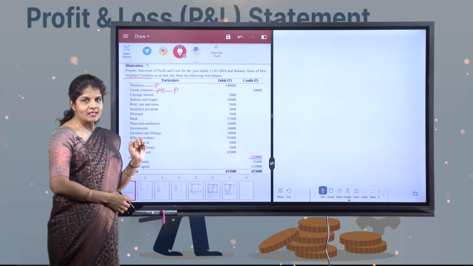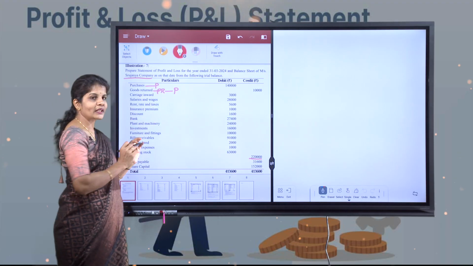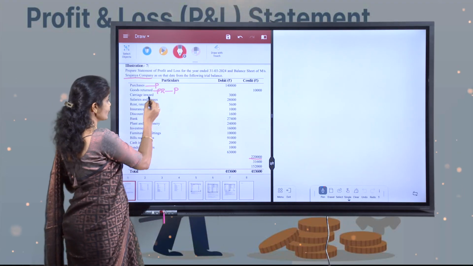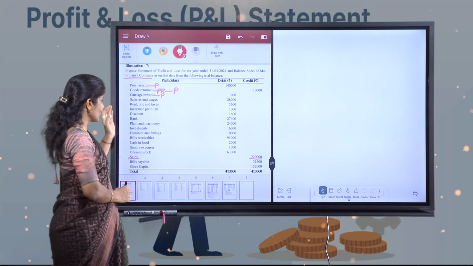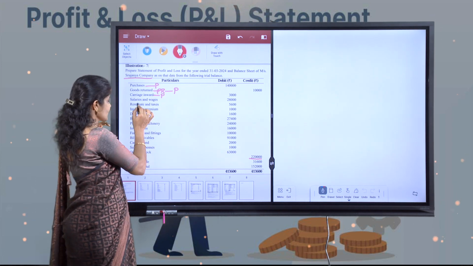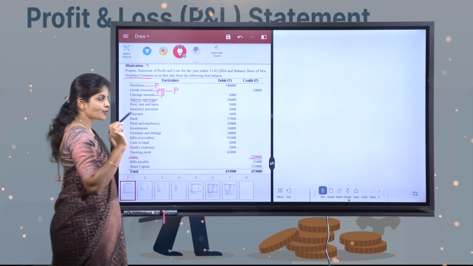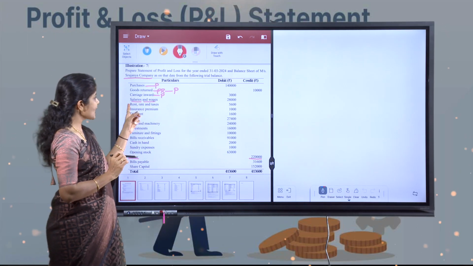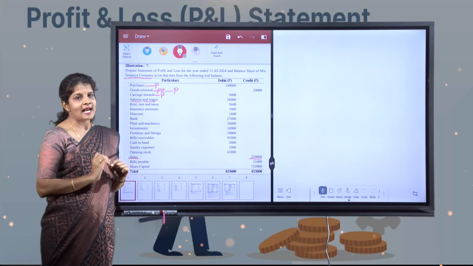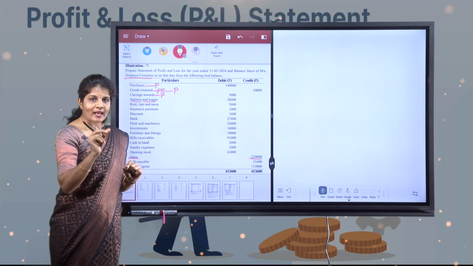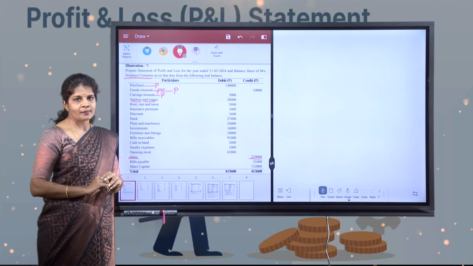Next, carriage inwards. Carriage inwards is also a direct expense that will be used for the calculation of cost of goods sold. So this is taken to the profit and loss statement. Then salaries and wages. While looking at this item, you should be very careful. If they had given wages and salaries, wages is always a direct expense whereas salary is an indirect expense.